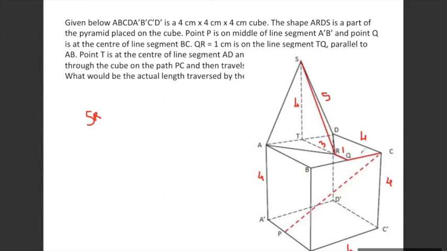Q is the midpoint. So ye 2 hoga. This is fine, students? Because T is the midpoint in AD, Q will be the midpoint of BC, that's correct. So ye 2 hoga. Now CP, how will I find CP distance?